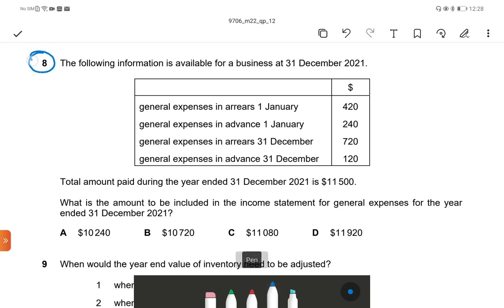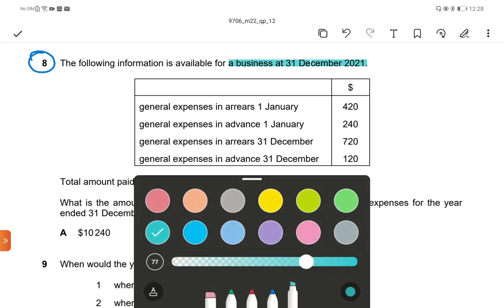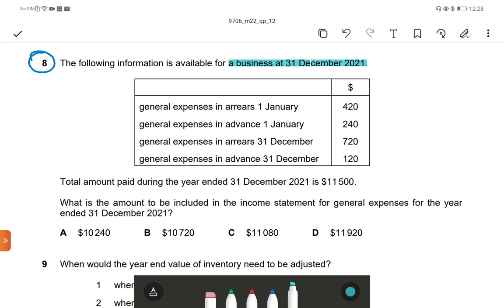8. The following information is available for a business at 31st December 2021. They are given the 1st January opening balances, then they are given the closing balances.